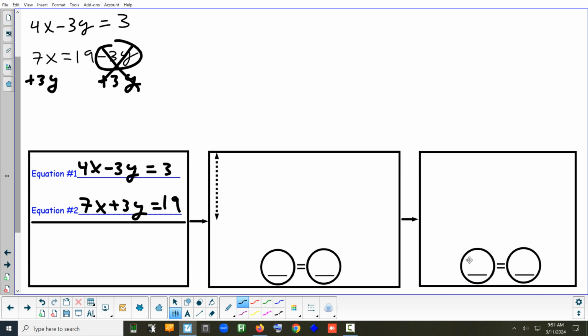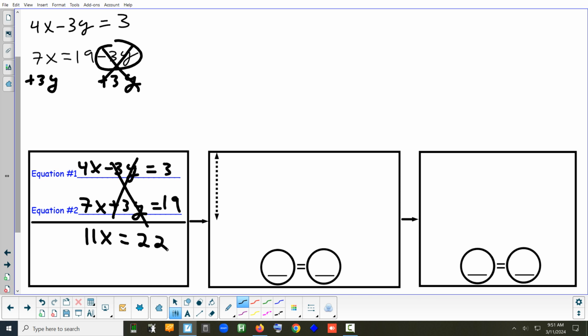Okay, so we got to the point where the x's, the y's, and the numbers are lined up. Which letters are going to cancel out? The negative 3y and positive 3y. So that cancels. And now you add whatever's left. What's 4x plus 7x? 11x. And what's 3 plus 19? 22.